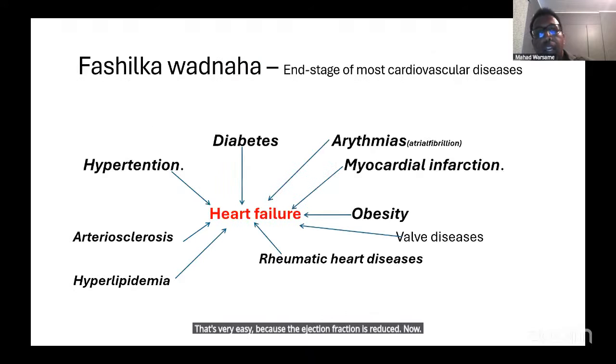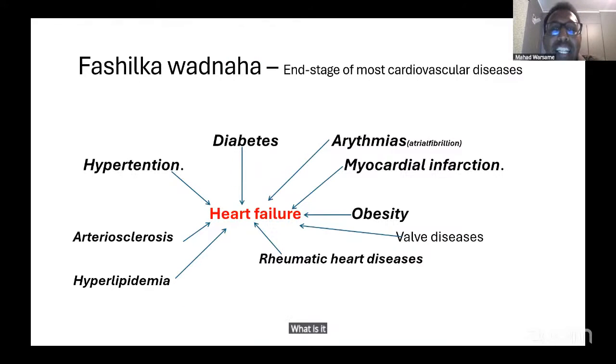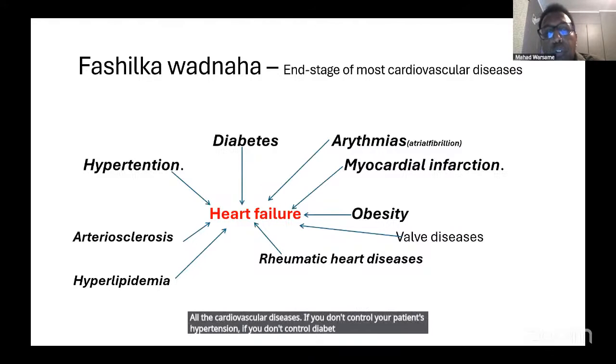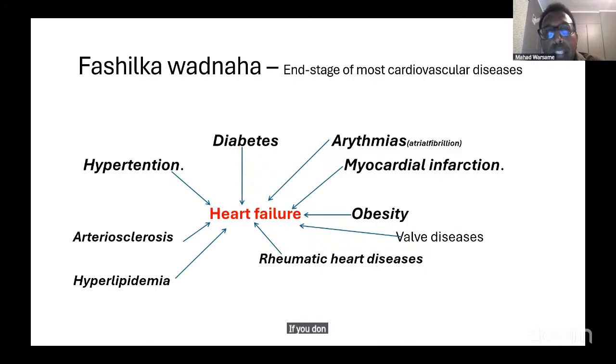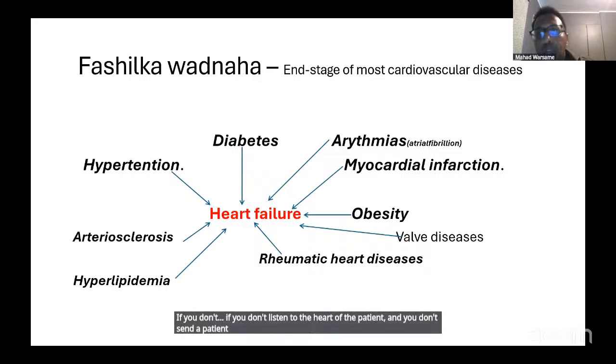Now, okay, heart failure. What is it? It's really the end stage, the final condition, if you don't control all the cardiovascular diseases: if you don't control your patient's hypertension, diabetes, arteriosclerosis, which leads to coronary artery disease, if you don't listen to the heart of the patient, and you don't send the patient when you hear a heart murmur, then it will end up with heart failure.